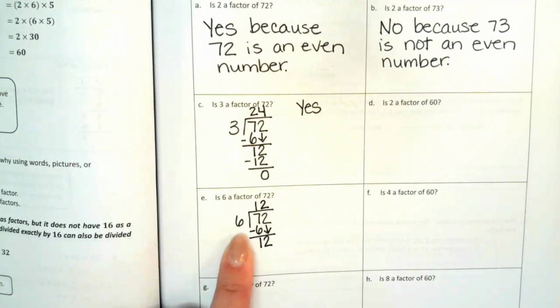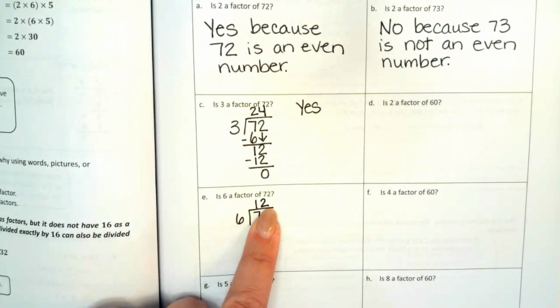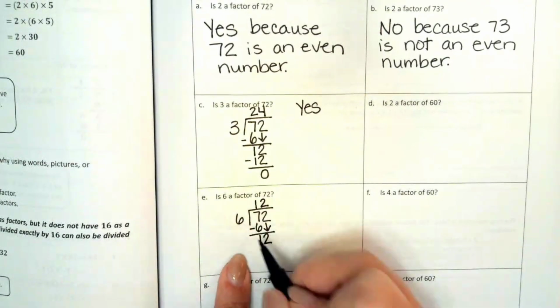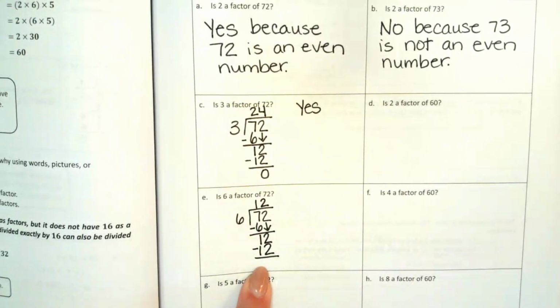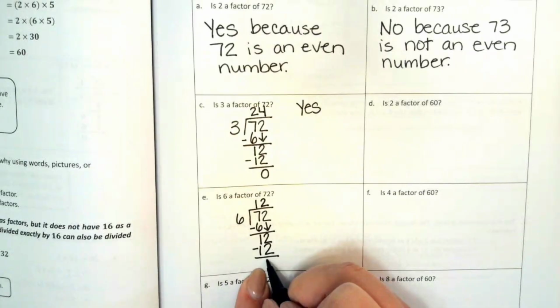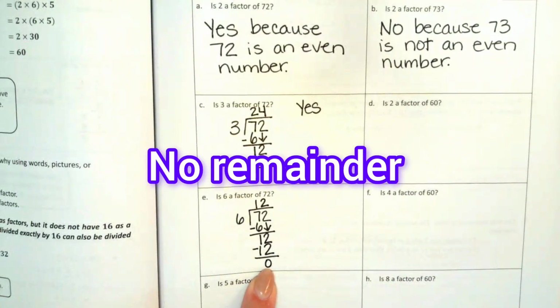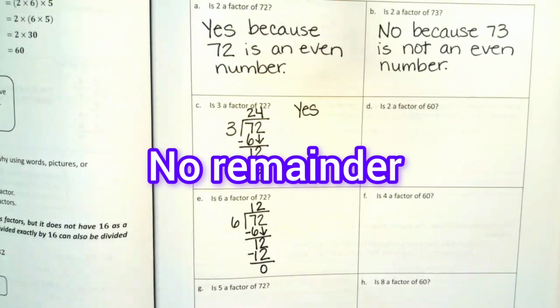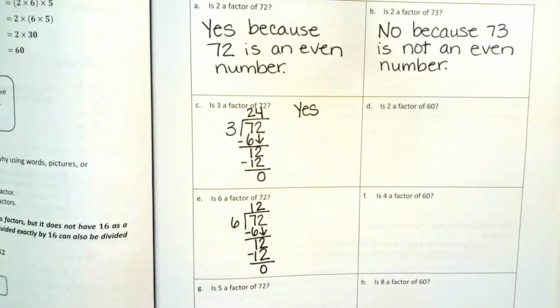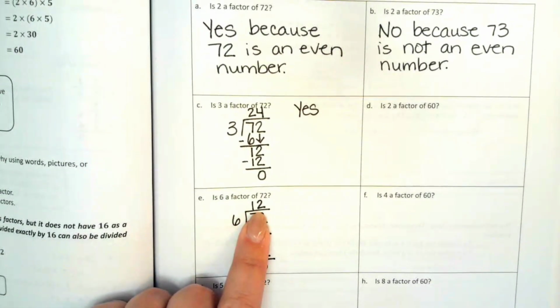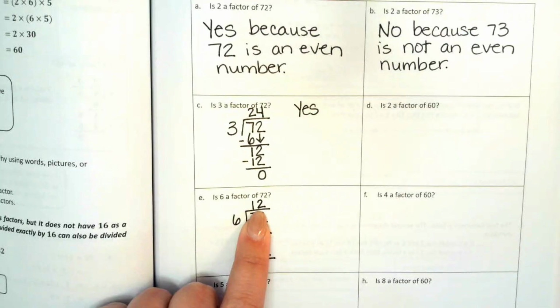Now we multiply. 6 times 2 equals 12. So subtract it. When we subtract, what do we get? 0. There's no remainder. That means that 6 is a factor of 72 because 6 times 12 equals 72.